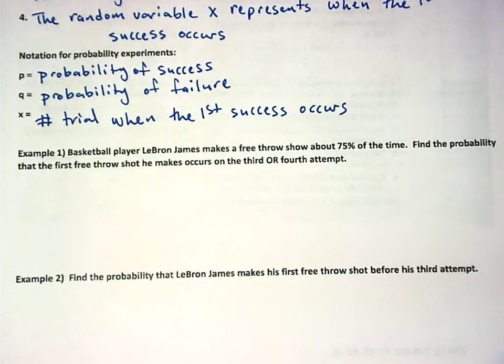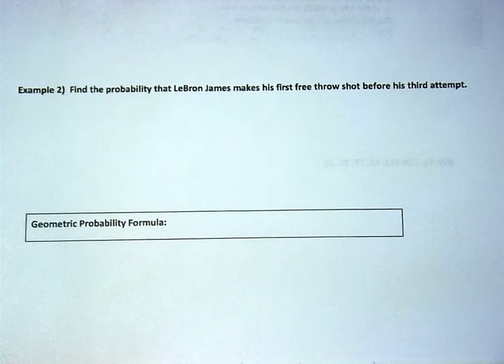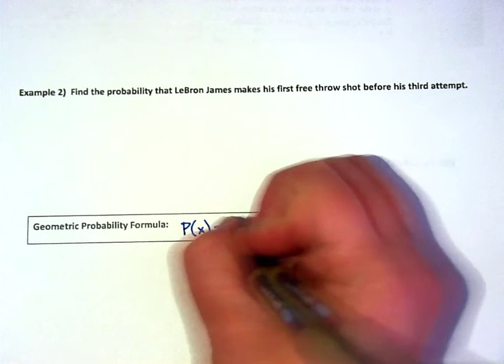That makes sense? Okay, so anybody, and I am going to give away a pen for this, think they can come up with a geometric probability formula. It's kind of similar to the binomial probability formula. Remember, you got to fail a whole bunch until you succeed. So the probability of x is.